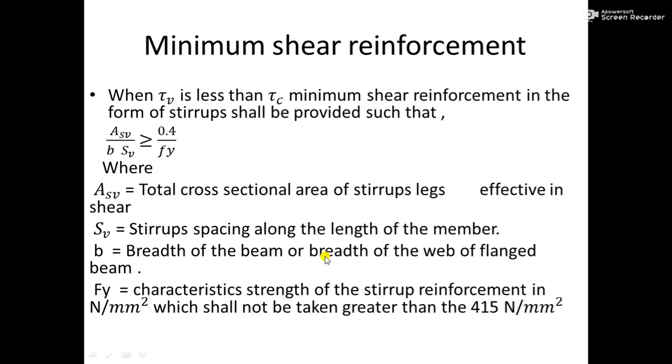Fy is the characteristic strength of the stirrup reinforcement in Newton per mm square, which shall not be taken greater than 415 Newton per mm square.